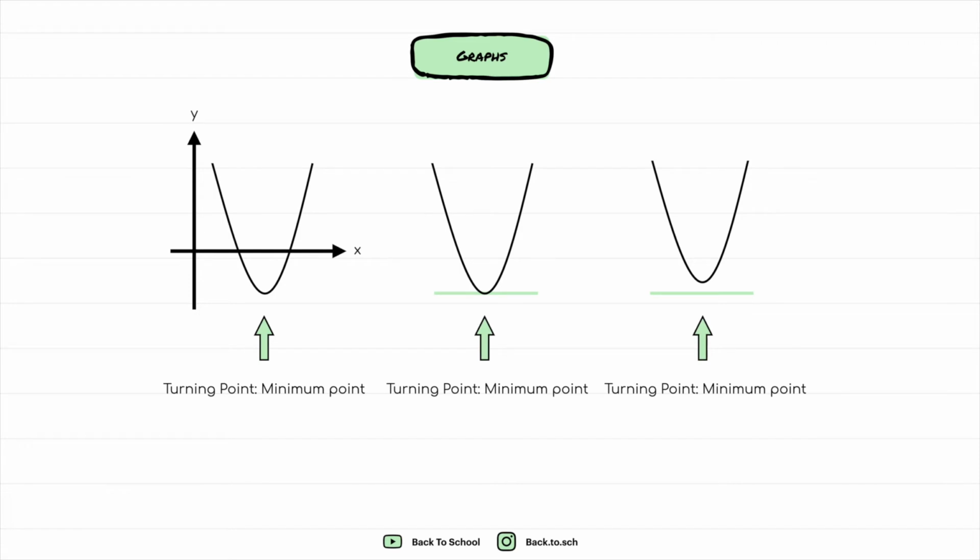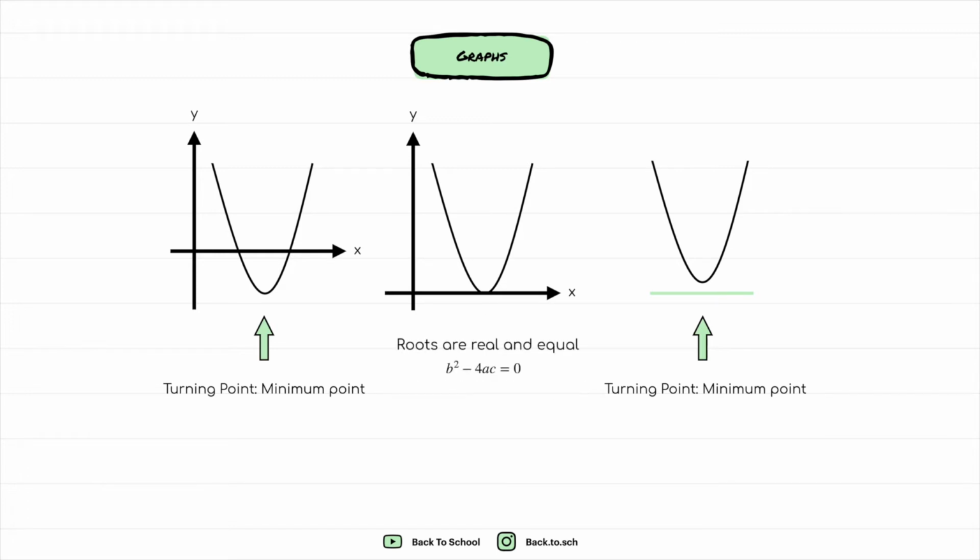Now let's talk a bit more about your turning point. This is a special point to talk about, as just by shifting the intersection of your curve with your x-axis to this point, you will get your second scenario, where your roots are equal as your curve and your x-axis intersects at only one point.